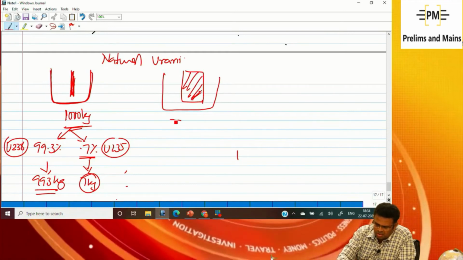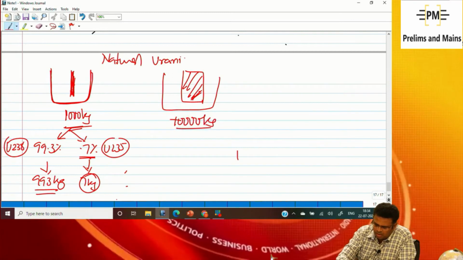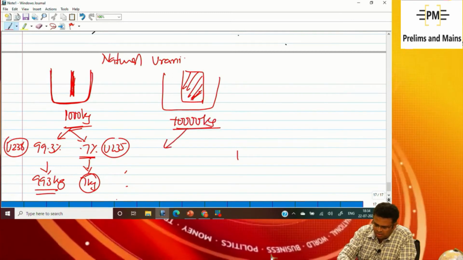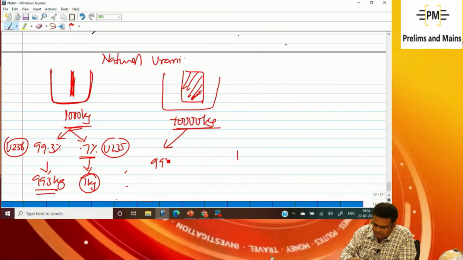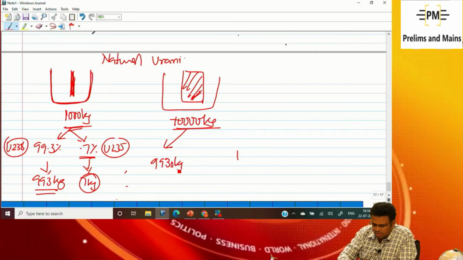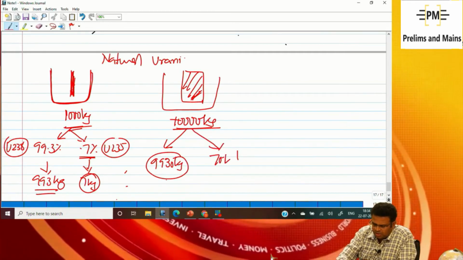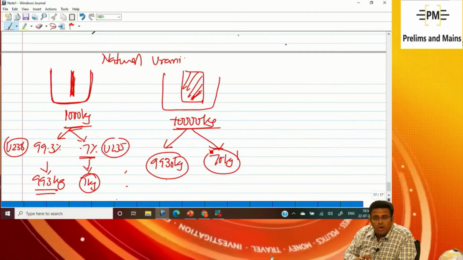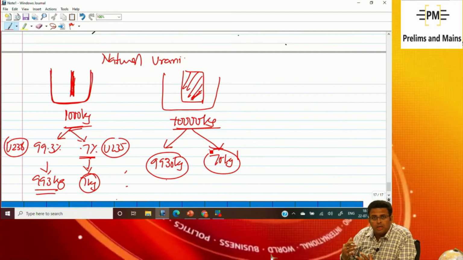Now, say 10,000 kg: in the 10,000 kg we see 9,930 kg of uranium-238 and 70 kg of uranium-235. Now it is looking okay, we are increasing.